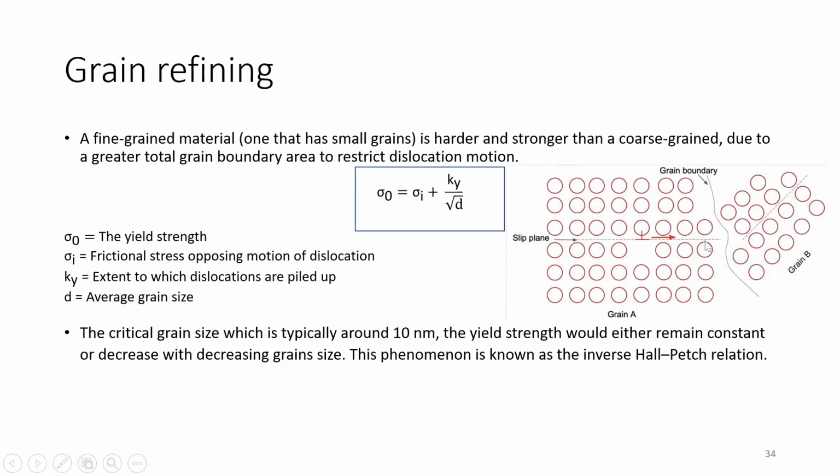So if you make your grain size smaller and smaller, only up to 10 nanometer, below this the rule will break. Above 10 nanometer, as you keep reducing the grain size, you'll face more and more grain boundaries for the movement of dislocations. So that's why strength will increase.